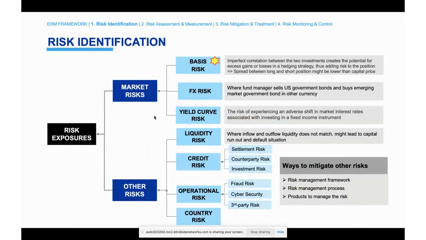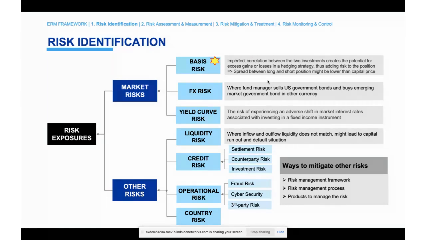The firm we are thinking about is a hedge fund focused on an arbitrage strategy. We will identify what types of risks they are facing. We identify that market risks are the main risks they are facing. In market risks, basis risk is what this firm faces day to day, because they are trading on the spread of different assets.